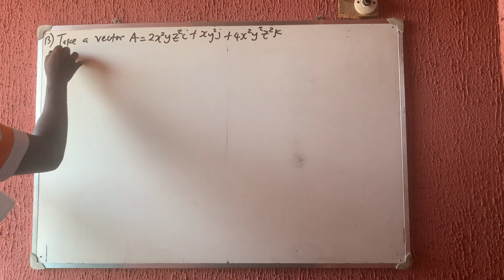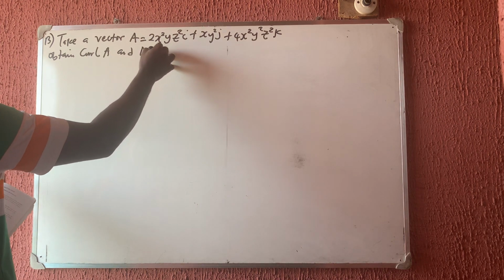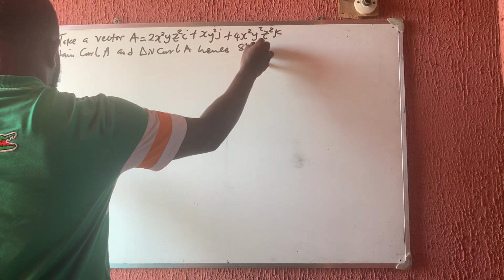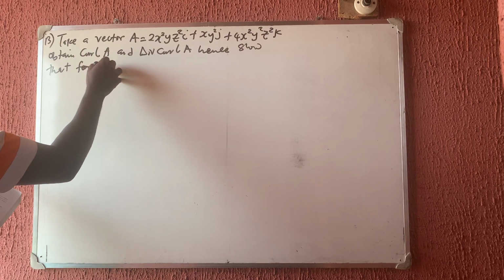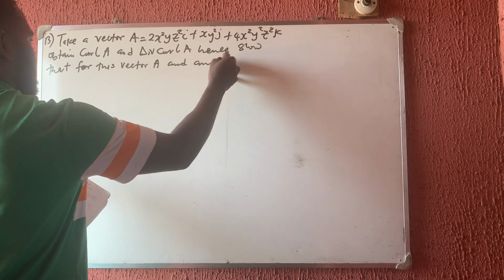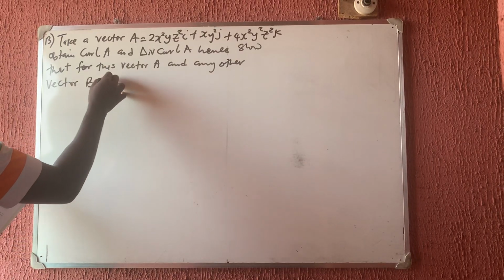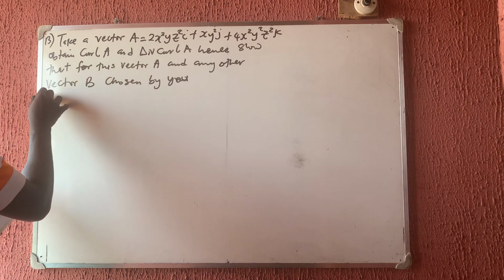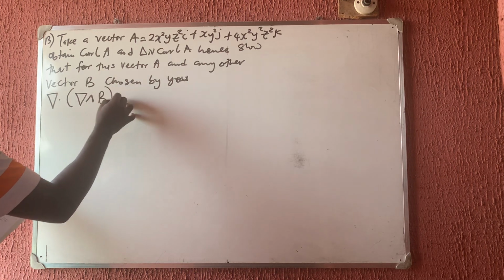Then obtain curl A and div curl A. Hence show that for this vector A and any other vector B chosen by you, div curl of that vector must be equal to 0.